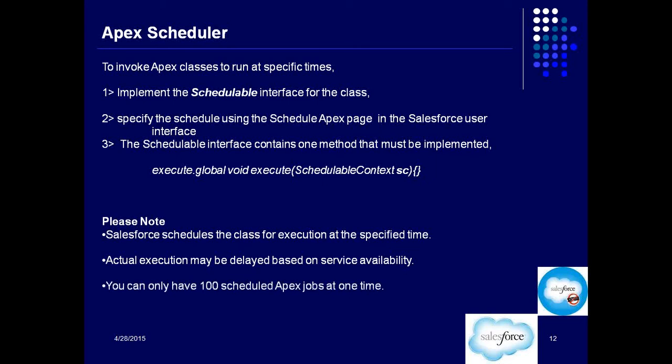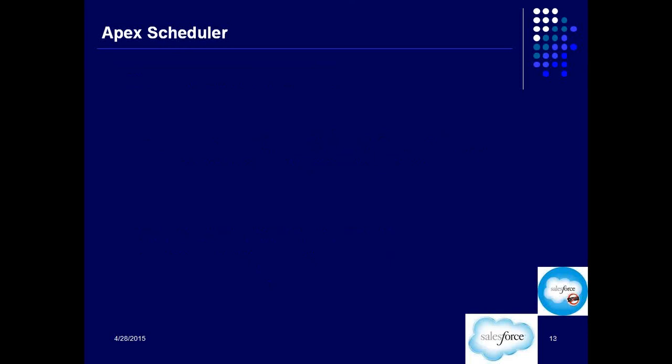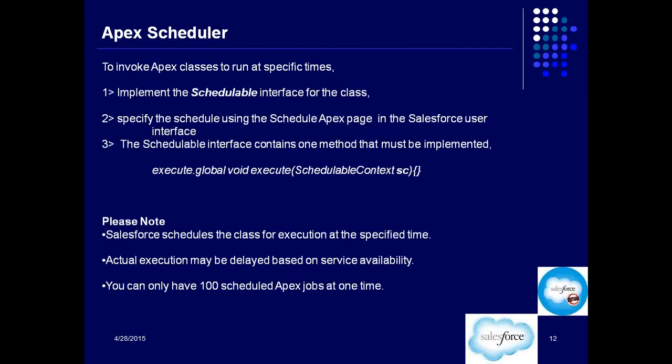You can only have 100 scheduled Apex jobs at one time. At any given point of time you cannot have more than 100 scheduled Apex jobs, which is a good number actually.